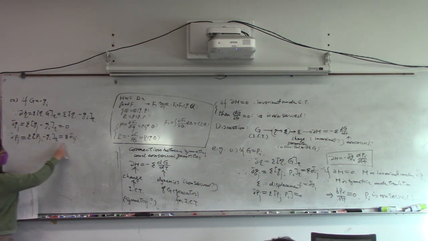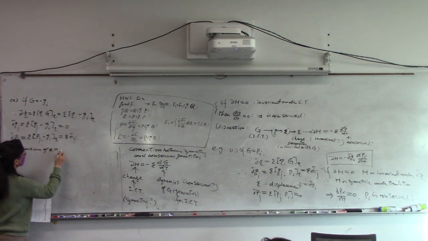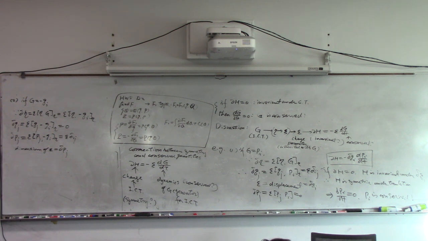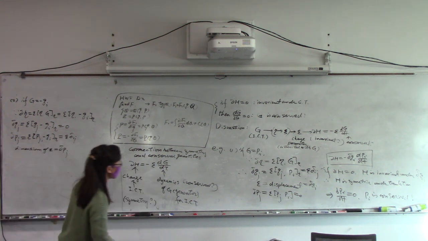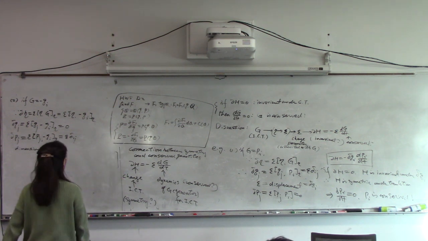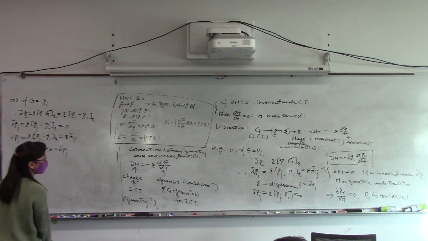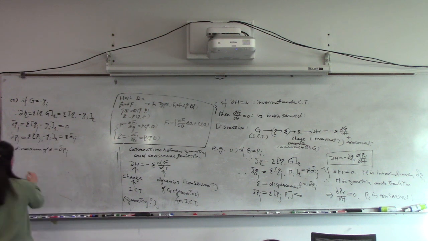And then you can compare with this dimension. The dimension of epsilon is momentum, linear momentum here, right? So that is linear momentum.